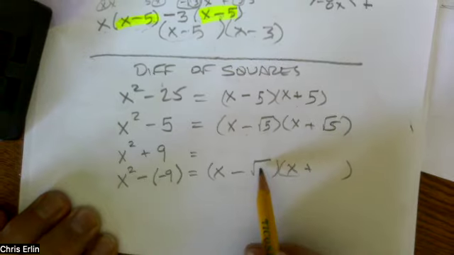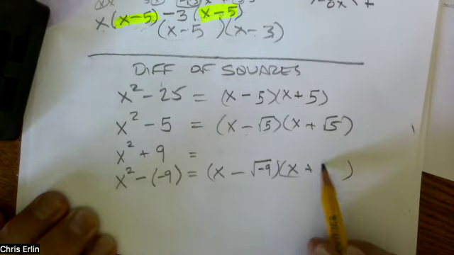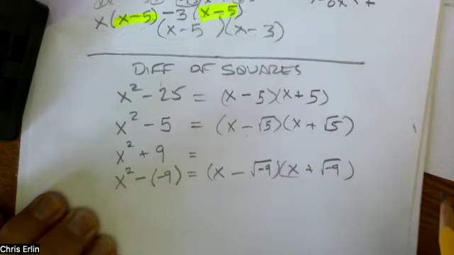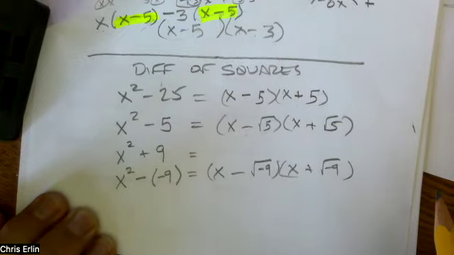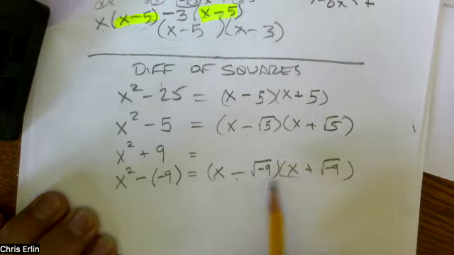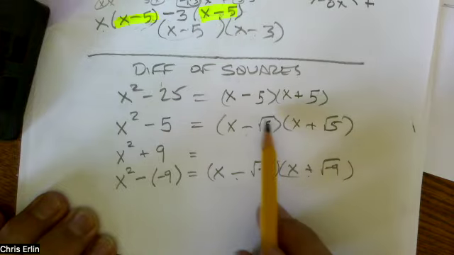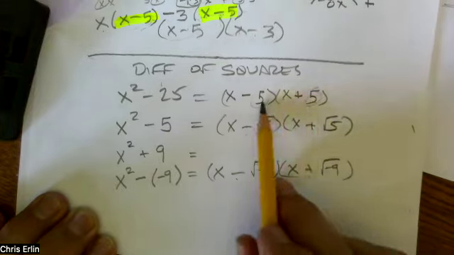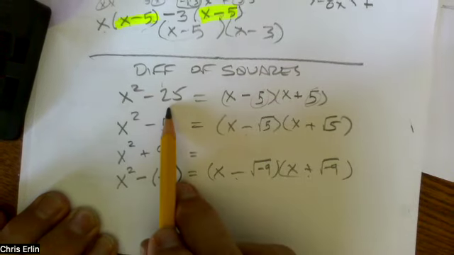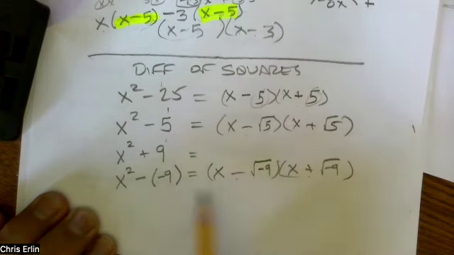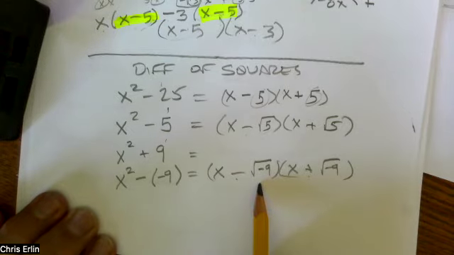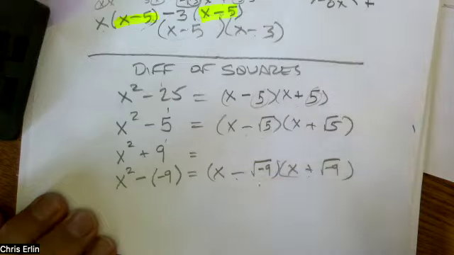Almost. Do we agree it's the square root of negative 9? We've got a negative here and a positive here, but in both these places, this is always exactly the same. It's the square root of this number. What is the square root of negative 9? When you take the square root of a negative number, what's this?